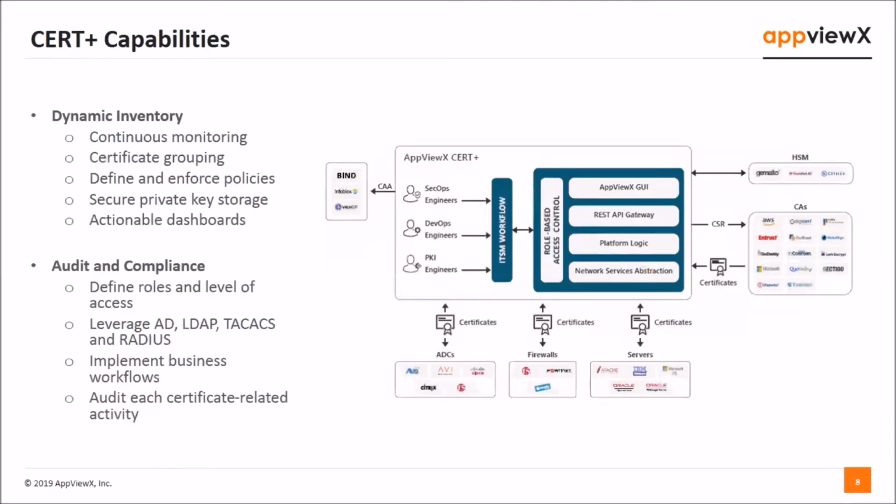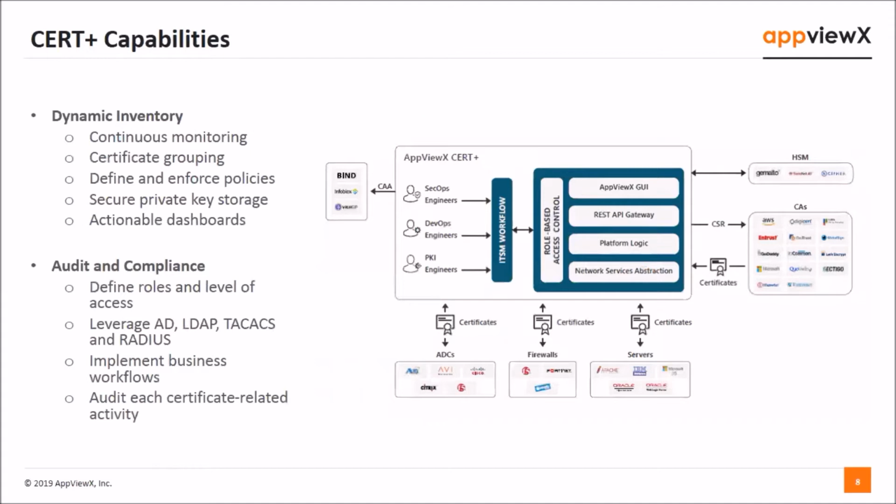Now, as far as the CERT Plus capabilities, I've just described a bit how that approach to satisfying those challenges comes into play. And this is a slide to depict a bit more of those capabilities. The dynamic inventorying, that's the continuous monitoring in real time of the certificate assets across the entire infrastructure.